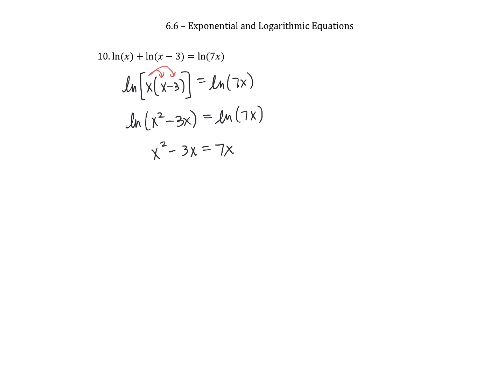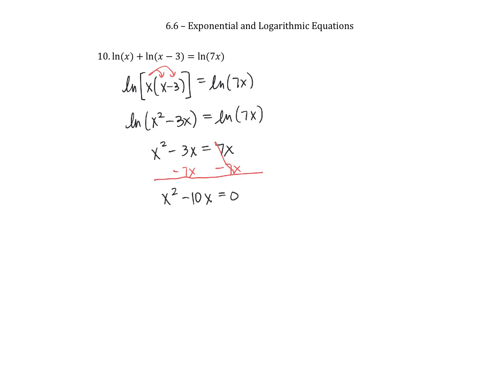Now I want to make all of my terms be on the left-hand side, or just one side of the equal sign, and set it equal to 0, because this is a quadratic equation. So I'm going to subtract 7x from both sides, and I will get x squared minus 10x is equal to 0. So now you have a quadratic.